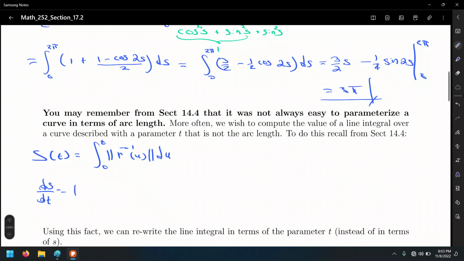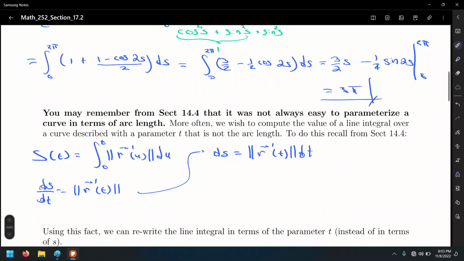It's just a function, the magnitude of r prime of t. That's using the second fundamental theorem of calculus, so you integrate and then differentiate again with respect to another variable. And then if we solve for ds, this ds is the magnitude of the derivative of r of t, dt.